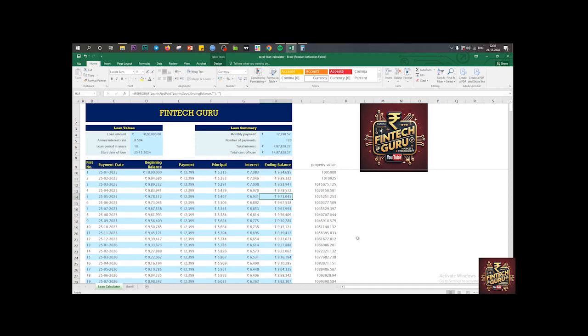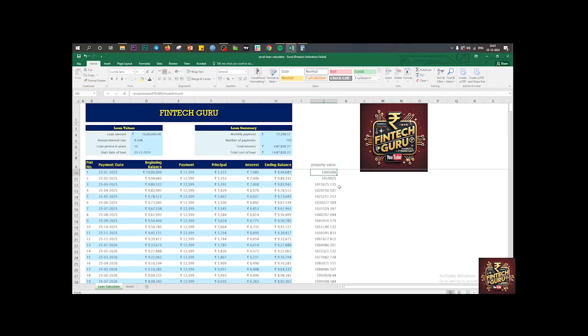Of course we have to consider the property value also. The property we bought, let's assume its value is 100%. It will be more than that only. For understanding's sake, I'm saying your property value is 10 lakhs and I'm taking an inflation rate of 6%. I'm assuming every year the property value is increasing by 6%.